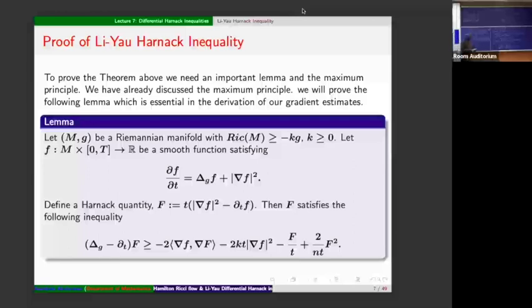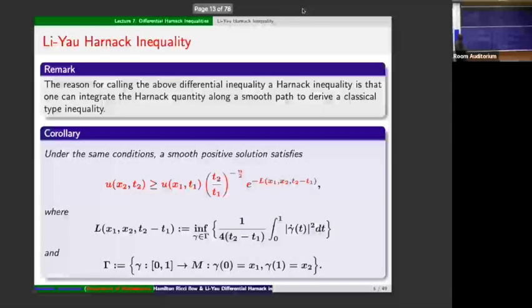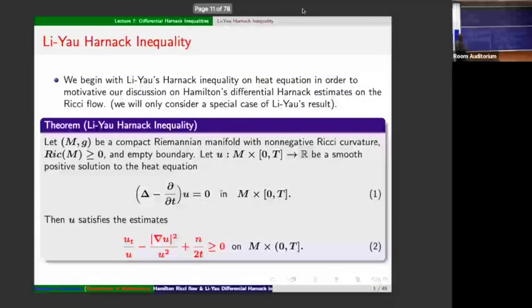Having done that, we can now go ahead and use that to prove the theorem. We have established this lemma. We can now prove the theorem. And what is the theorem to be proved? Here is the theorem that I wanted to prove. Yes, I still have it on the board.